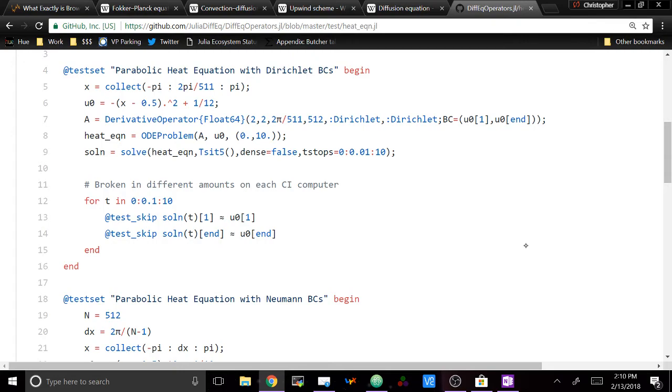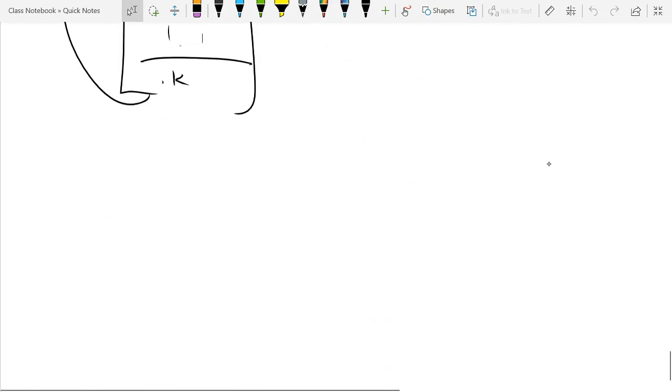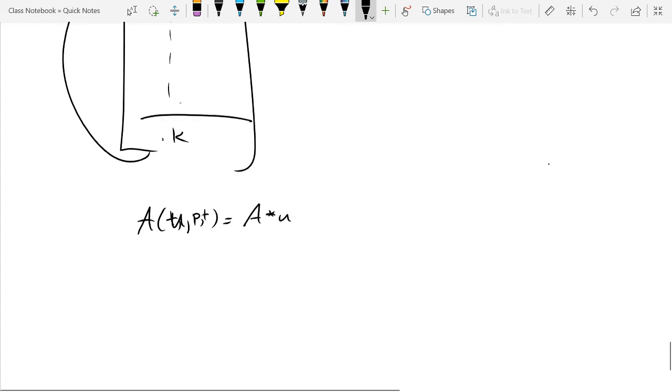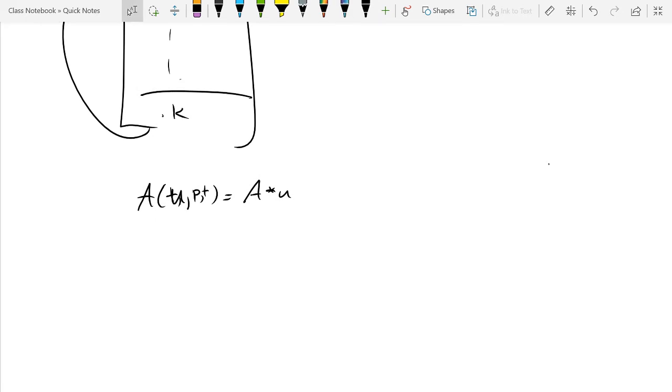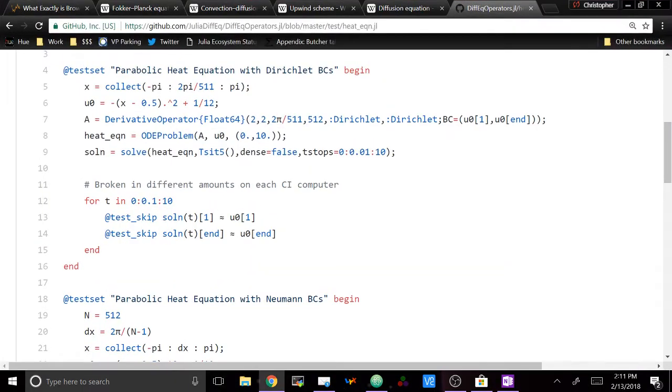So the nice thing about these operators is that this A is also a function of U, p, t, which is the same thing as doing A times U. You can find that definition inside of the DiffEqOperators library, but what this means is that if you just pass the A to an ODE problem, then it'll solve the method of lines ODE defined by that operator.